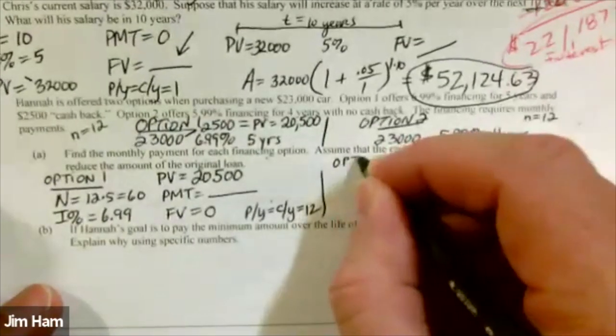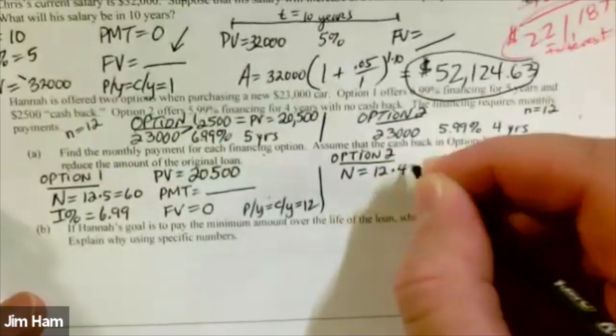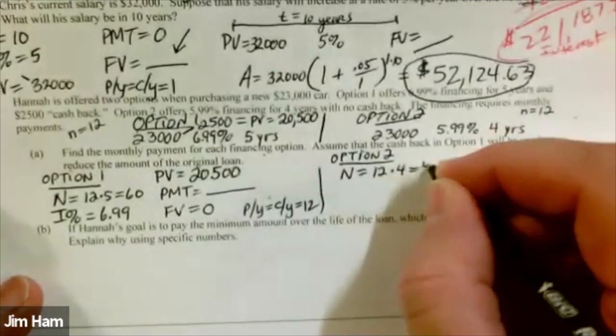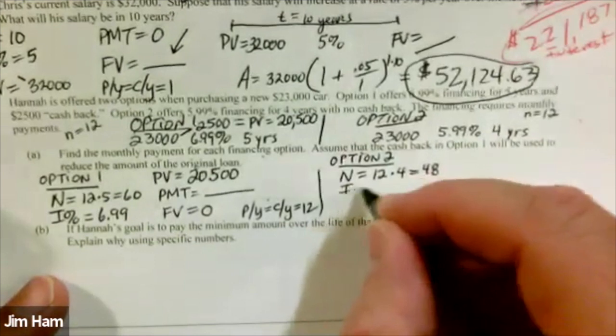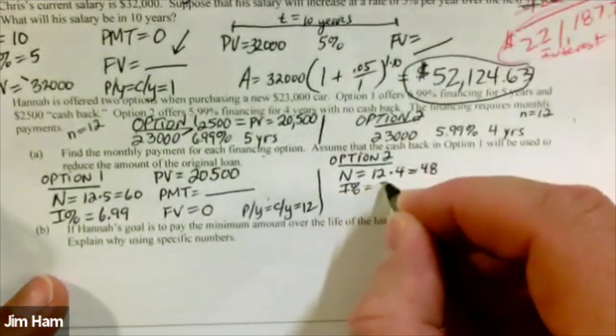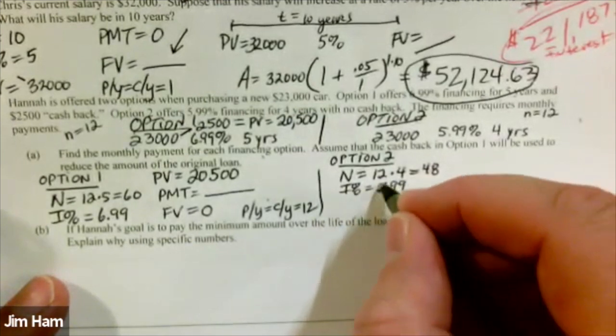For option two, and now for this one, we have monthly payments as well, but we're only paying on this loan for 4 years. So we're going to make 48 total payments over a 4-year period. The interest rate is a little bit lower with option two, 5.99 instead of 6.99.